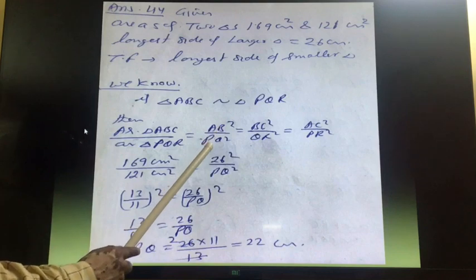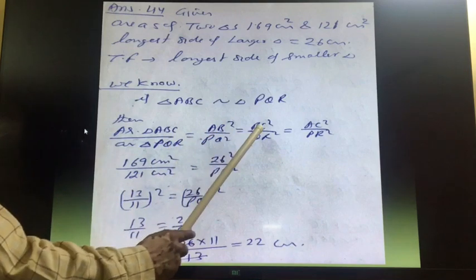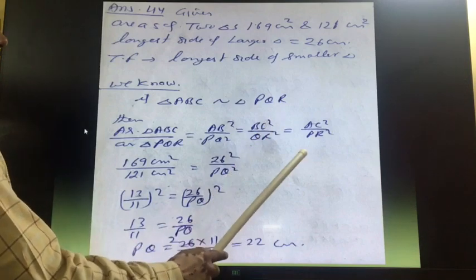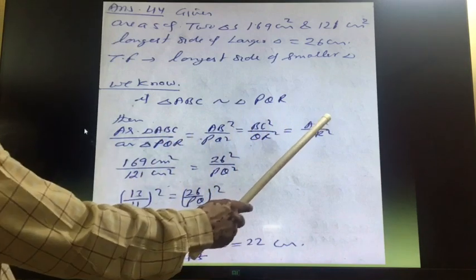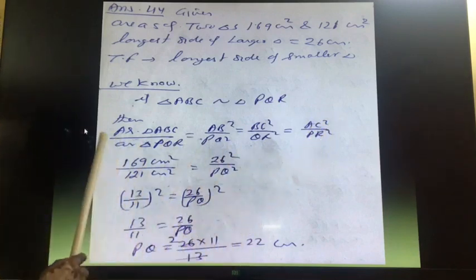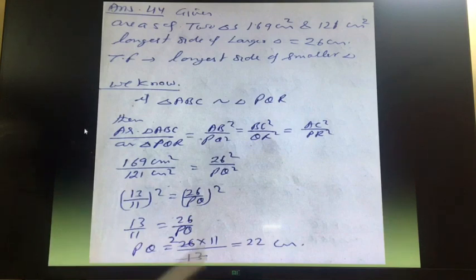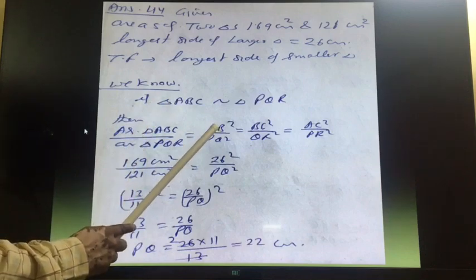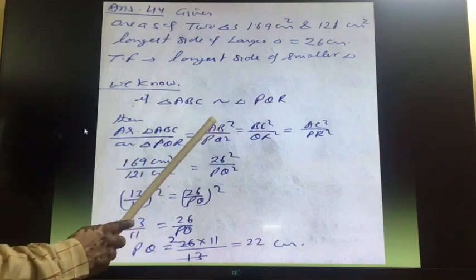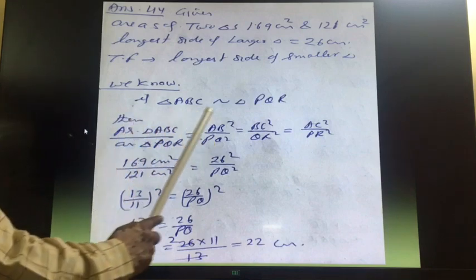So AB square upon PQ square is equal to BC square upon QR square, is equal to AC square upon PR square, right? This is the result of the area theorem. If two triangles are similar, this result holds. So we will apply this result, and in this case, we can suppose this as the longer side of the first triangle, and this is the longer side of the second triangle. So this formula we can apply.